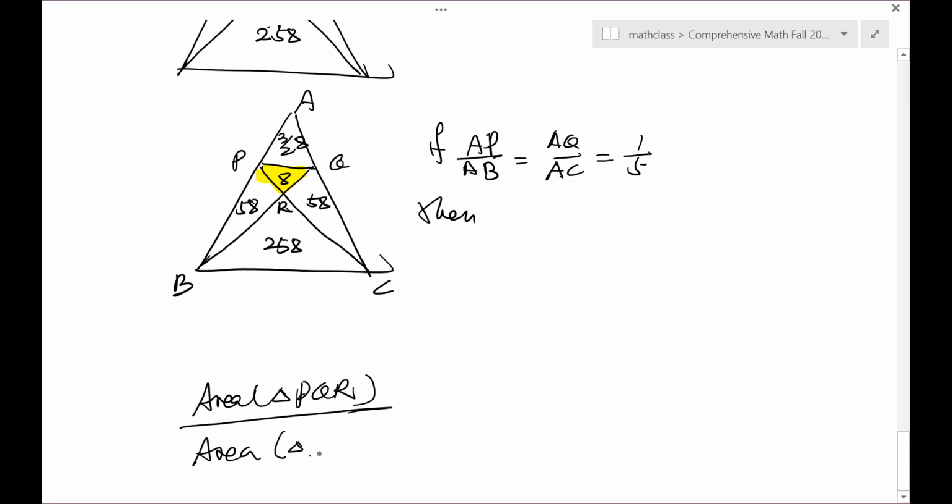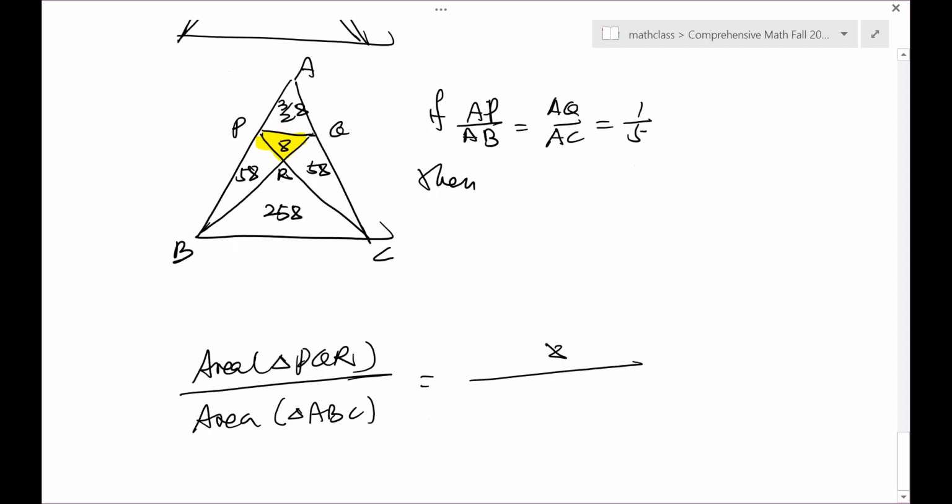of the triangle ABC. Let's count. That's x, right? Then you have 3 over 2 x plus how many x here? 1x, 11, right? x plus 5x plus 5x plus 25x.